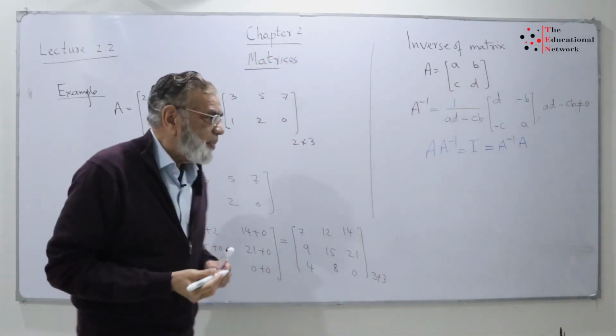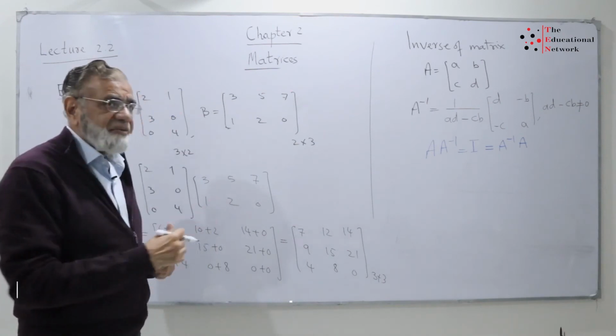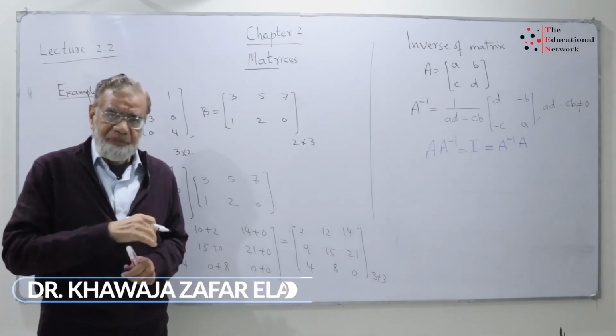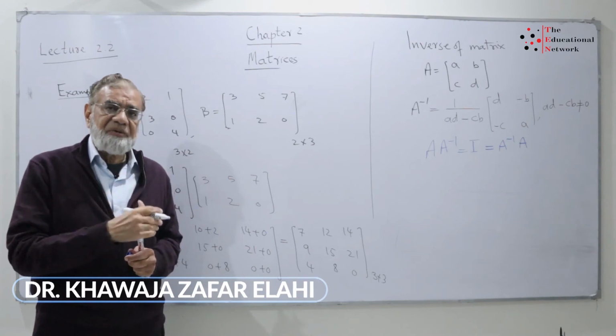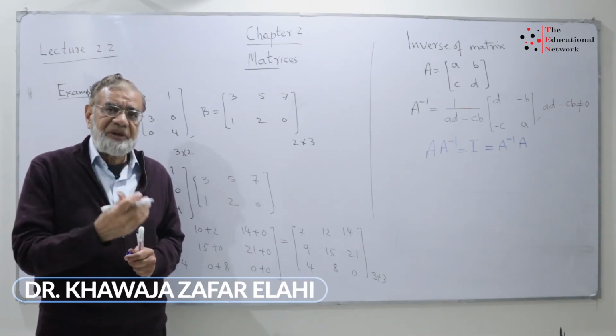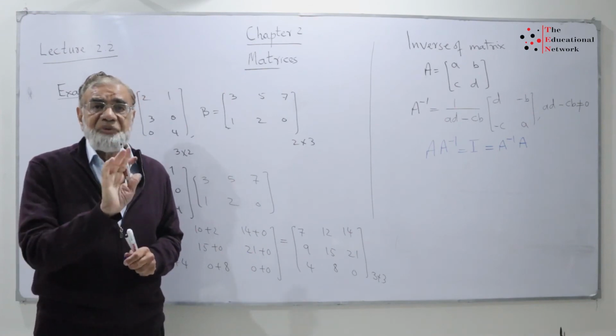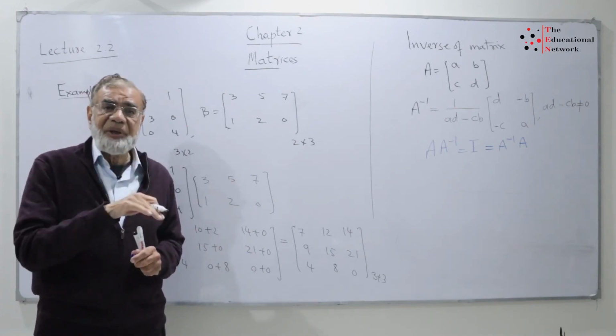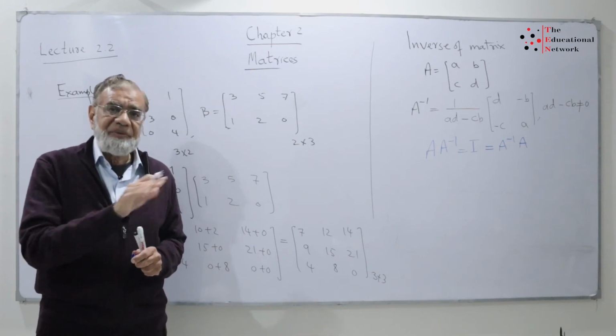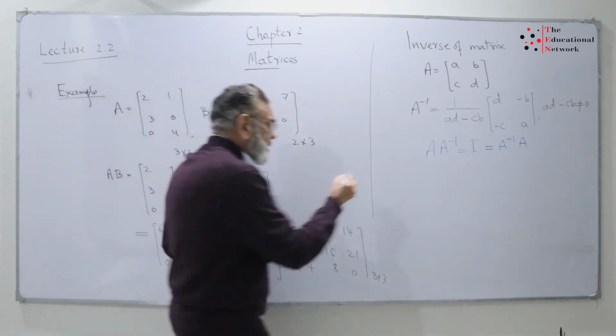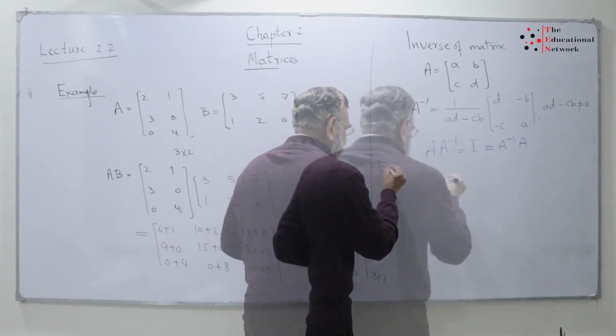For example, the inverse of 5 is 1 upon 5, and multiplying gives 1. Similarly, we have matrix A, and we multiply it by its inverse and get the identity matrix, not 1. It's not 1 upon A, be very careful. It's a matrix.